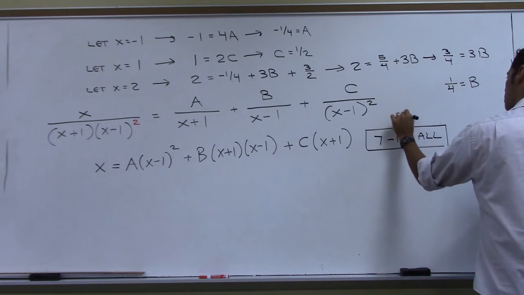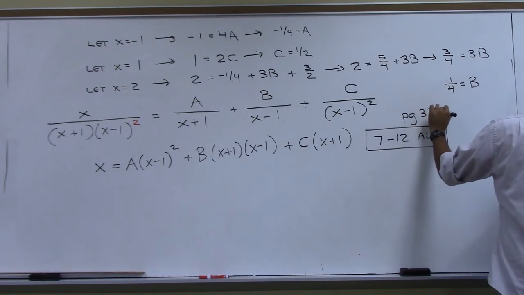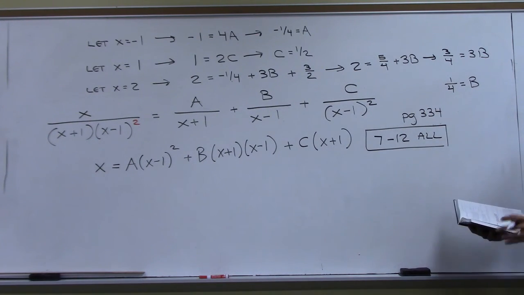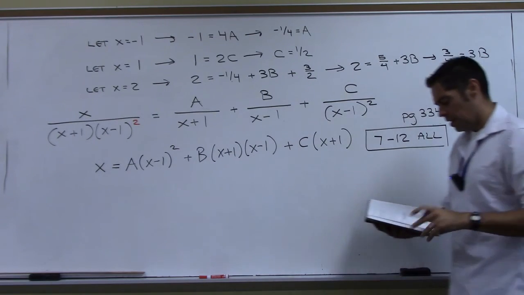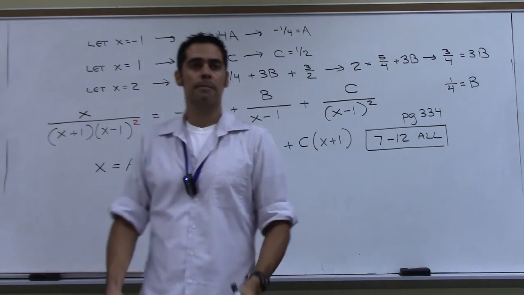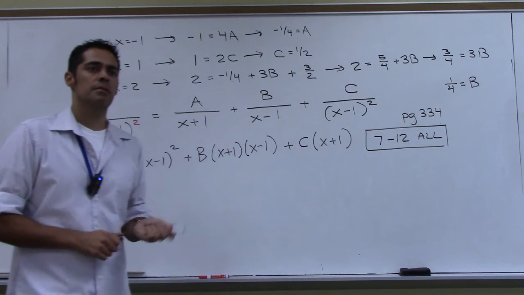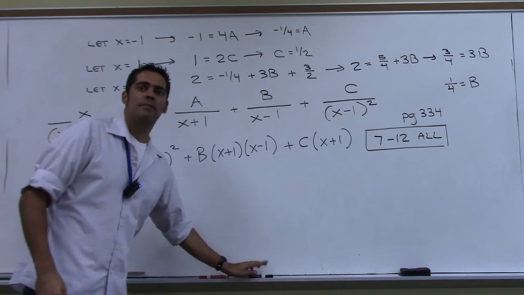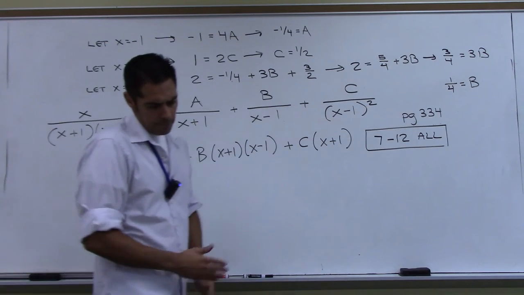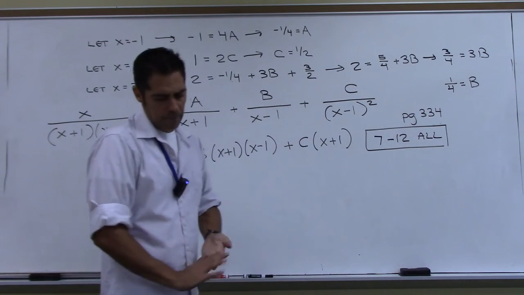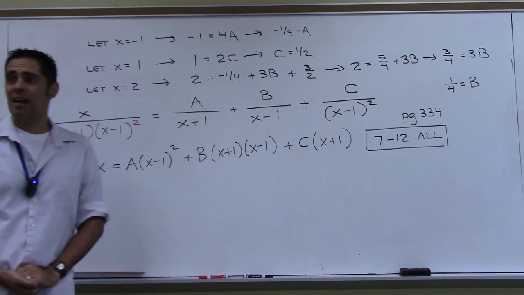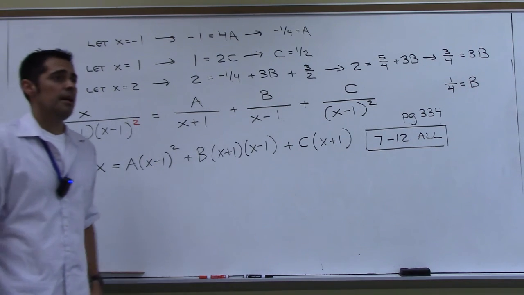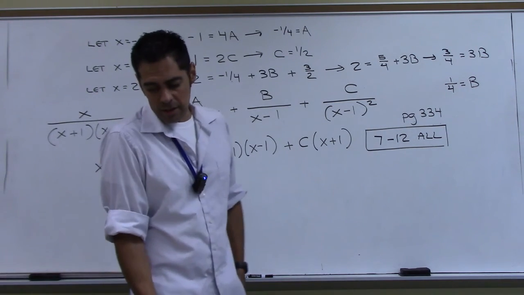Page 334. I've done the odds for this all the way up to number 31, and those are posted online. But that's what you should have at least tried for next class. It's the beginning of the assignment. Next class, we'll finish this up and start talking about whatever's next.